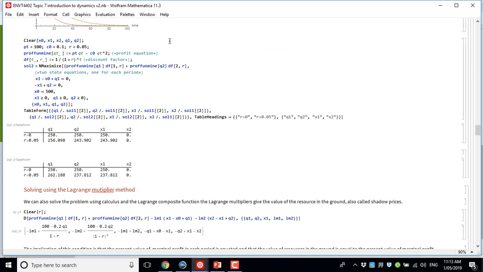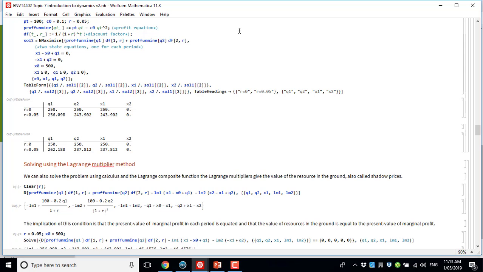Something about discounting, and then we went through how to solve the non-renewable resource problem. So that's going to appear in numerical problem 3.